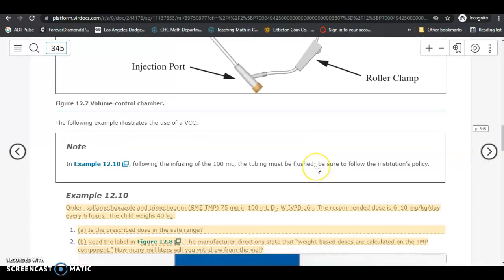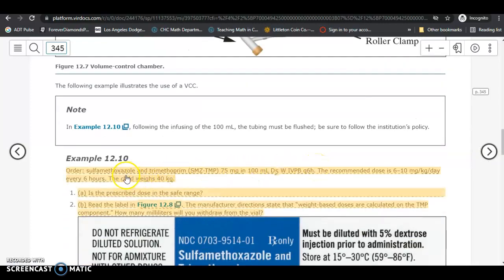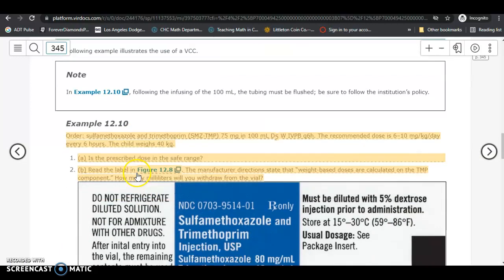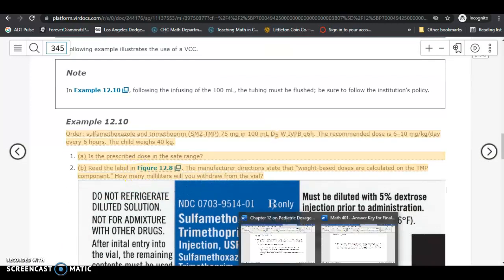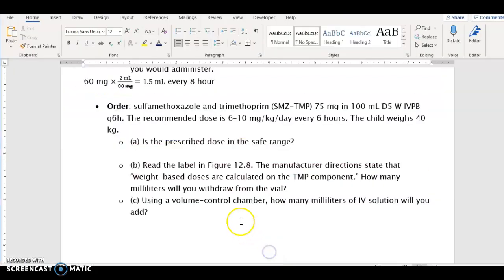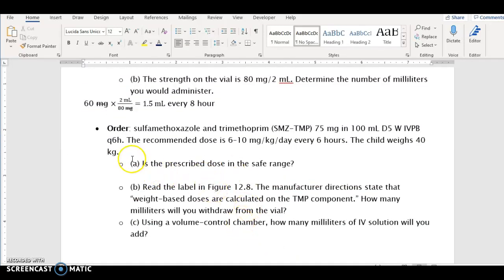Okay, so the first example we're going to do is example 12.10. Okay, and I've already copied it into the document here. So it says we have an order of this drug, which is abbreviated as SMZ-TMP, 75 milligrams and 100 milliliters of D5W, IV piggyback every 6 hours.